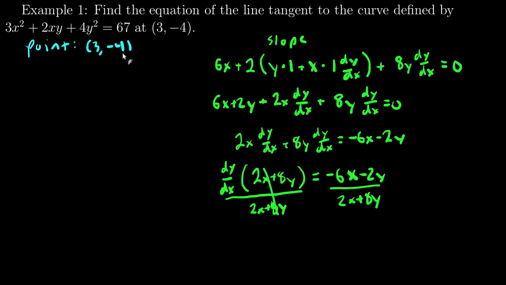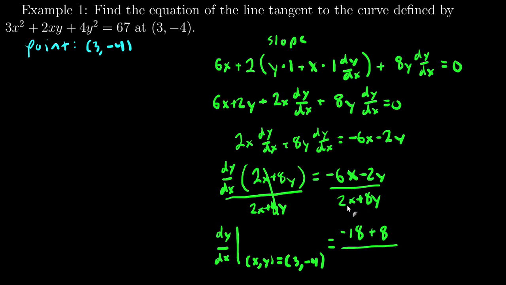I'll now use this slope to evaluate this derivative, so the derivative evaluated when (x, y) equals (3, -4) will be -6 times 3 is -18, -2 times -4 is +8, 2 times 3 is 6, 8 times -4 is -32. -18 plus 8 is -10, 6 minus 32 is -26, and I can divide both of these by -2 to get 5/13.